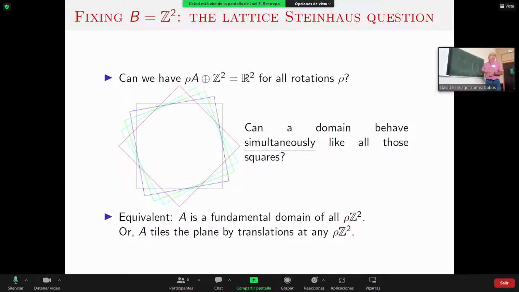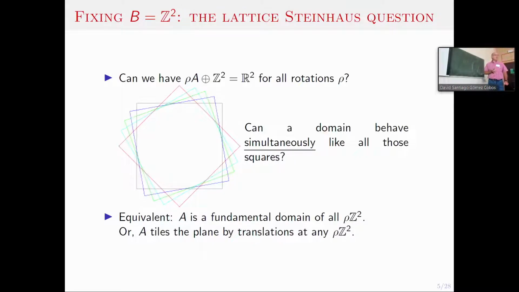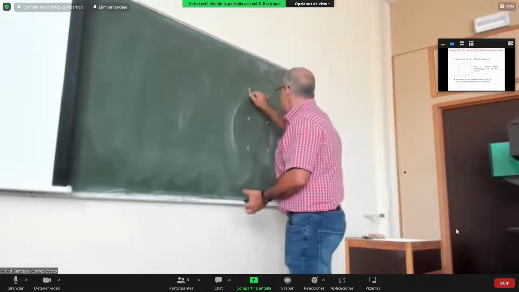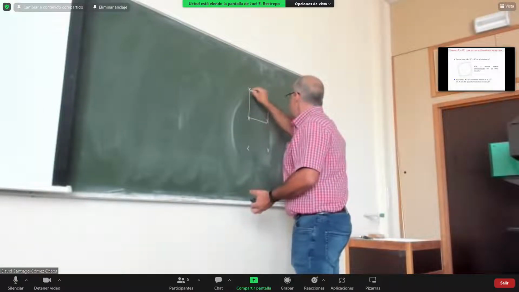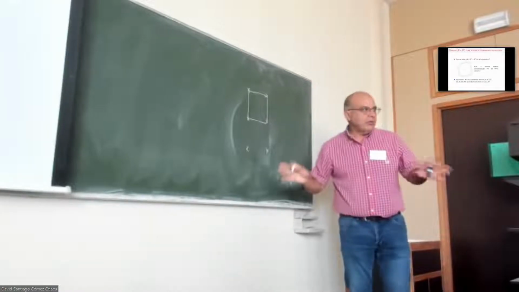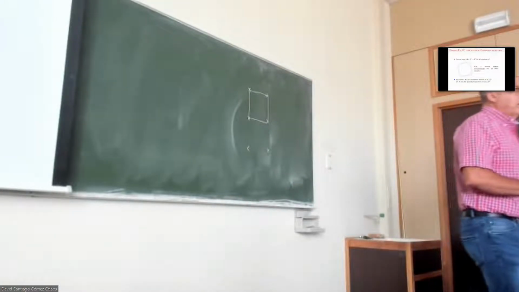We want to have a set A, all of whose rotates tile with Z squared. It's easy to find one set which tiles with Z squared. Take, for instance, the unit square. If you place it at all these locations, it will easily tile the plane.